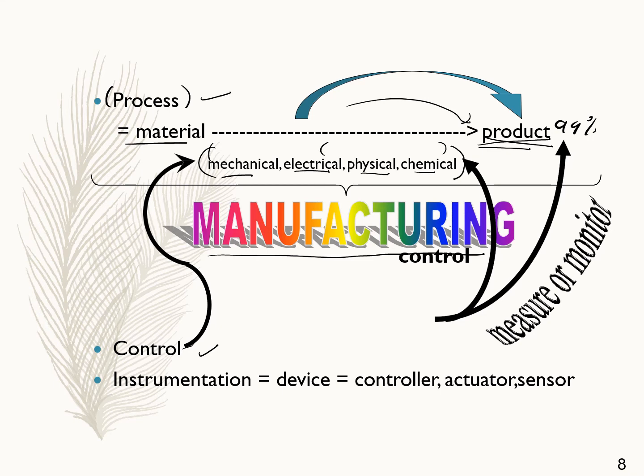So in order to achieve those desired product values, we need to have instrumentation like controller, actuator, sensor. All these devices are very important inside the process control system.